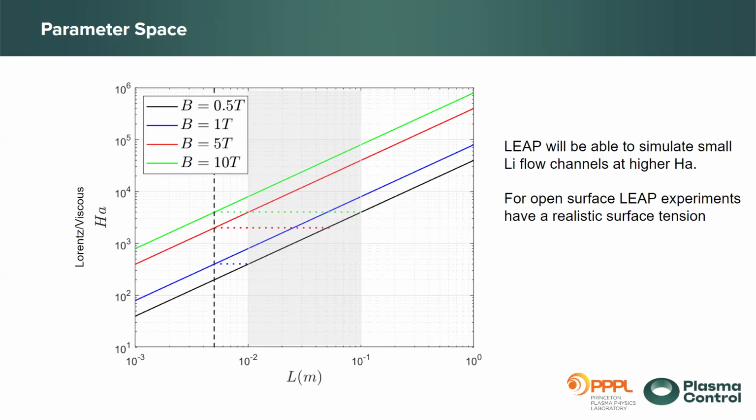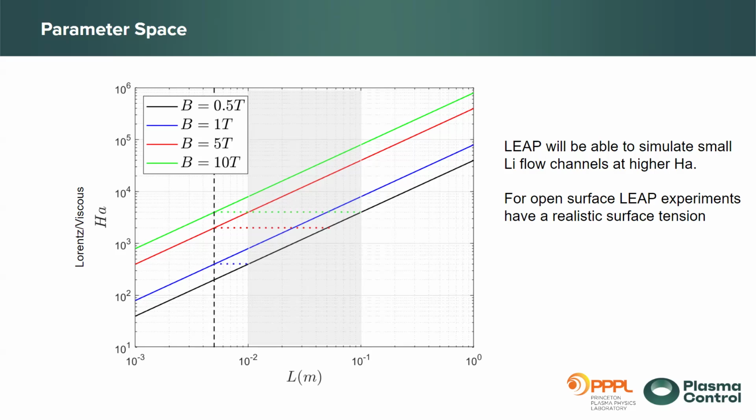For example, the black line here shows how the Hartmann number changes with the length scale inside LEAP, and that correlates to a 10 Tesla B field with the same Hartmann number with about a 5 millimeter channel.